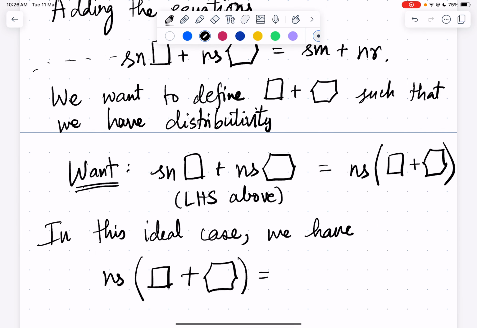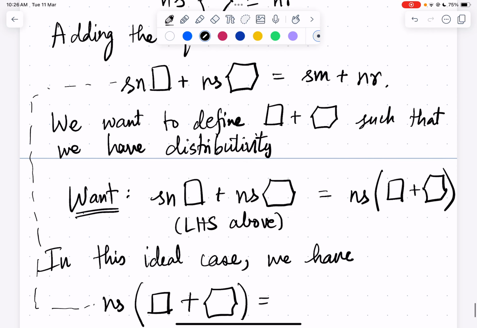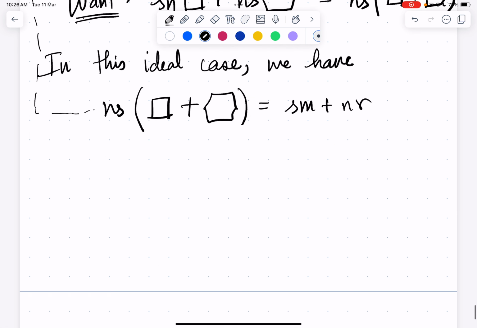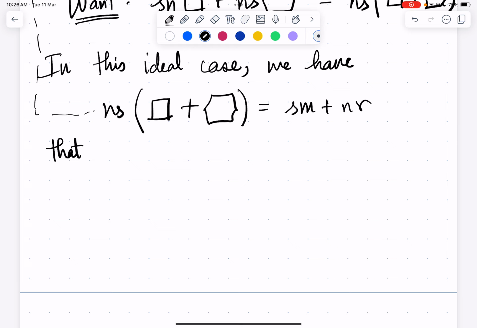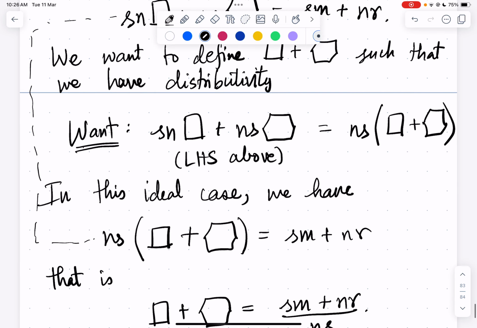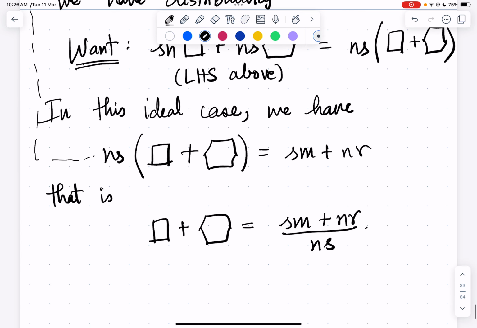So this equation becomes this equation, right? ns times box plus hexagon equals sm plus nr, that is box plus hexagon equals sm plus nr by ns. So in this ideal case, we have box plus hexagon to be this rational number.